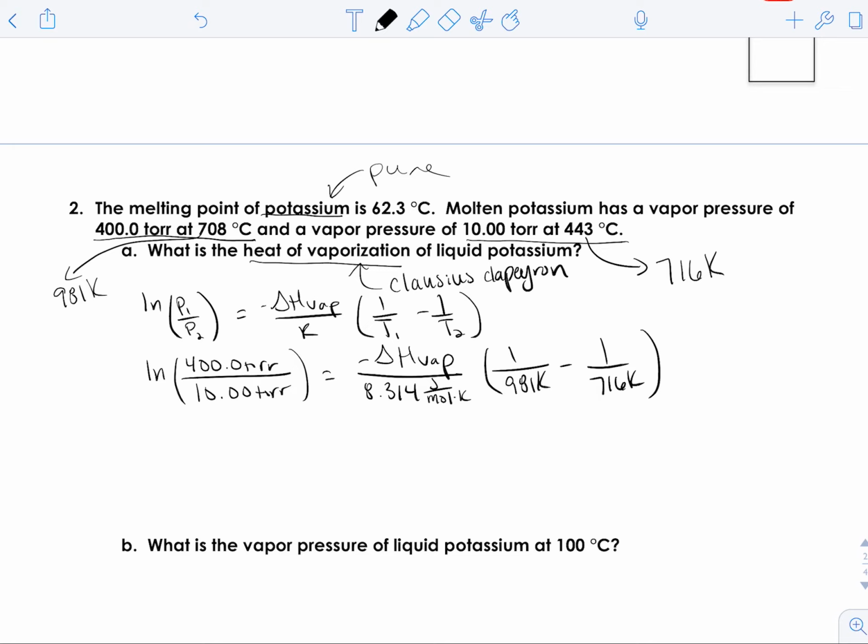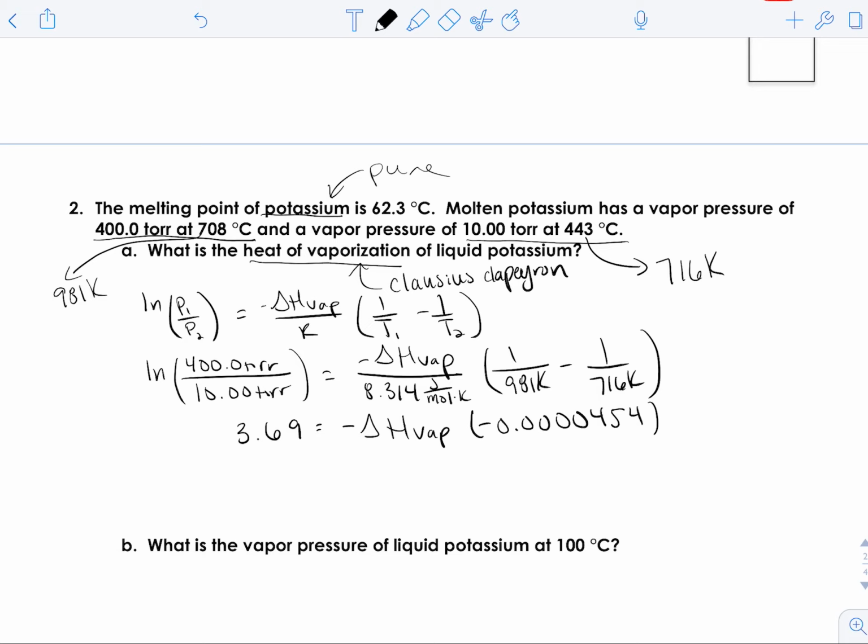Okay. If we were to multiply and divide out everything on our left side, we get 3.69. And then if we multiply and divide everything besides the delta H vap, we get negative 0.1000454. Okay.